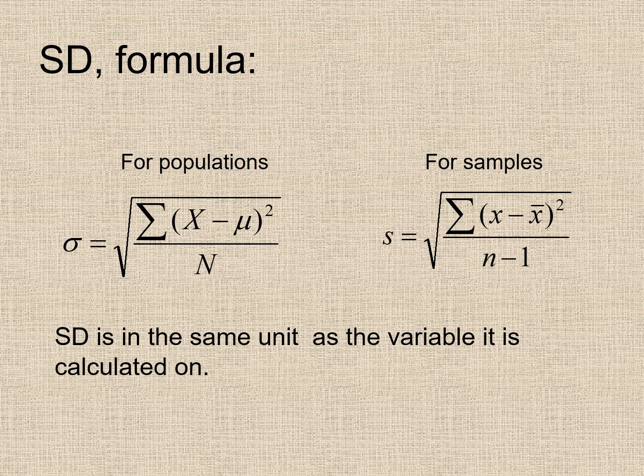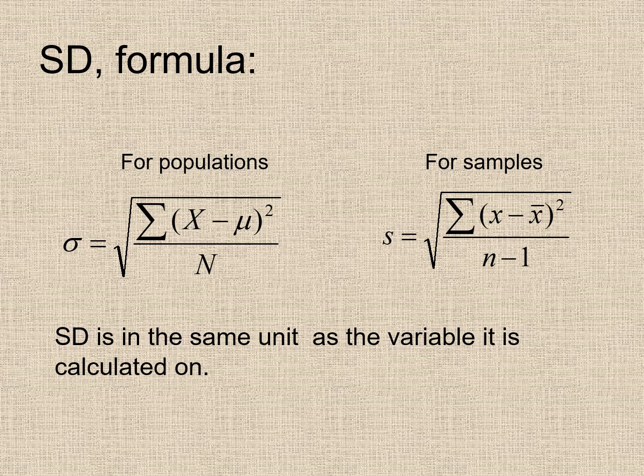So the standard deviation is, and we see in the ratio here, in the numerator, we have the sum of deviations between observed values x and the population mean mu, and we square that, because otherwise the positive and the negative differences will take each other out, and we always get a sum of 0.